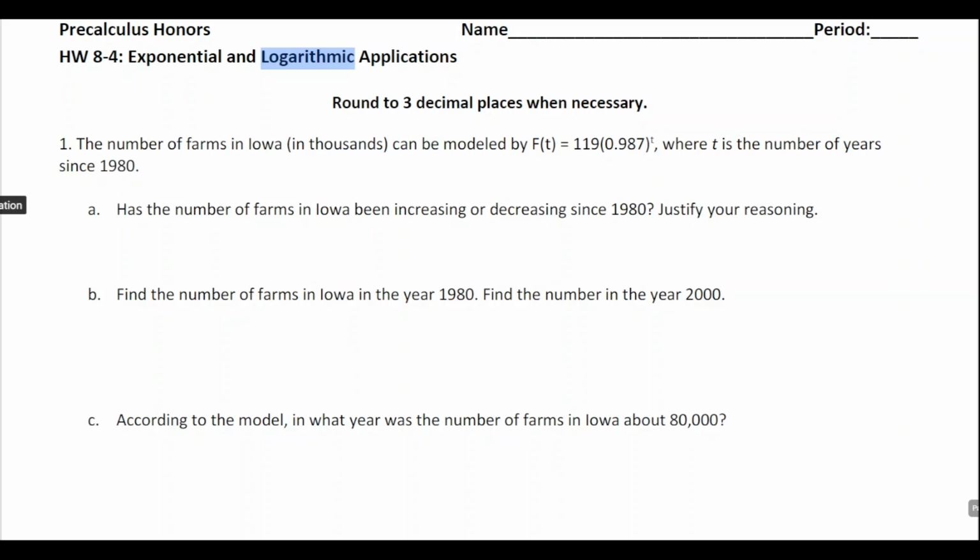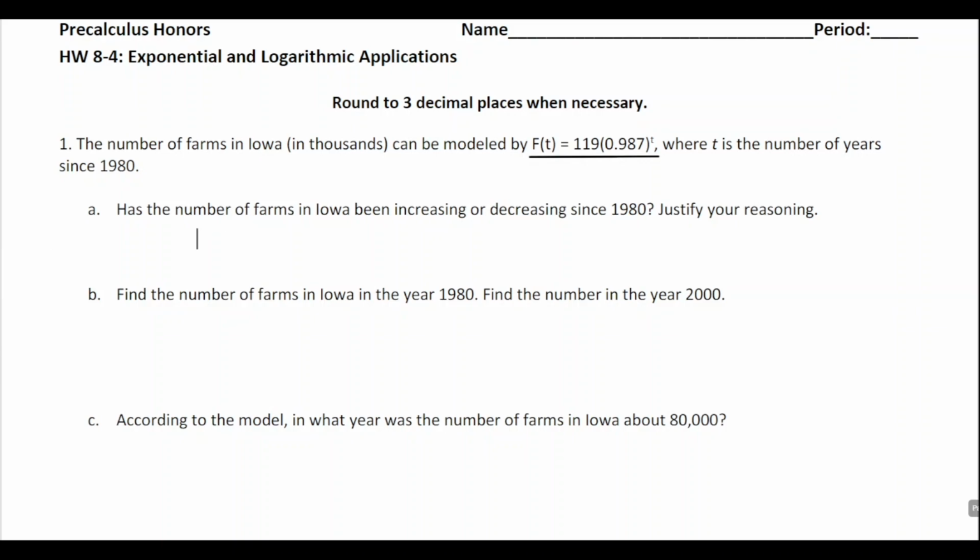So if we look closely at this function, the two numbers that we see are the 119, which is the number of farms in thousands in 1980, basically saying in 1980 there's 119,000 farms. And since we're multiplying by a number that's smaller than 1, we can say that the number of farms is decreasing.